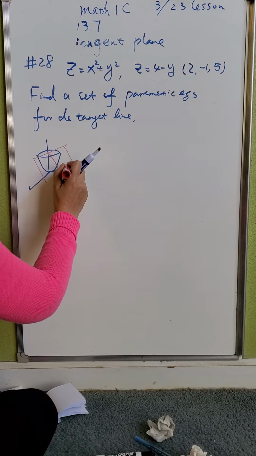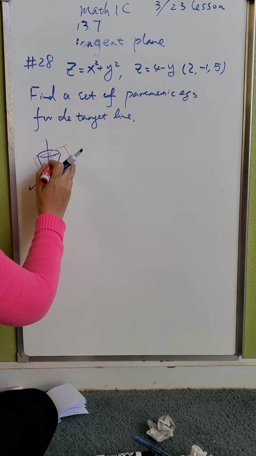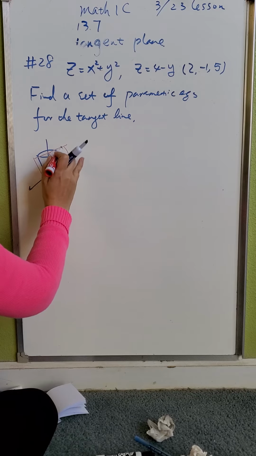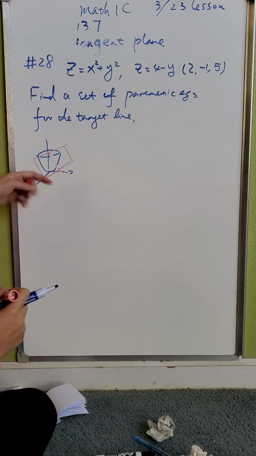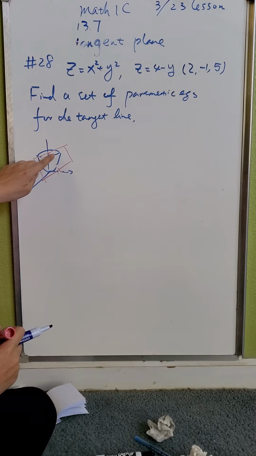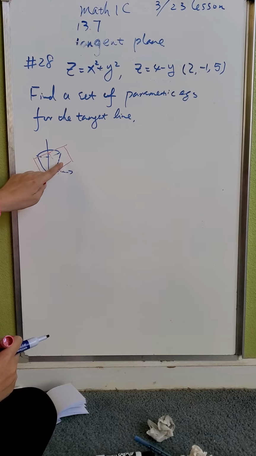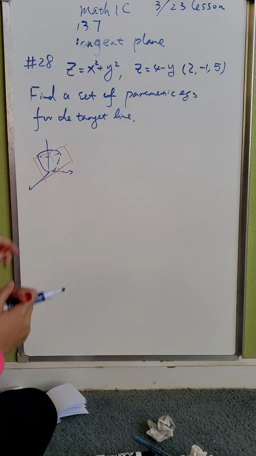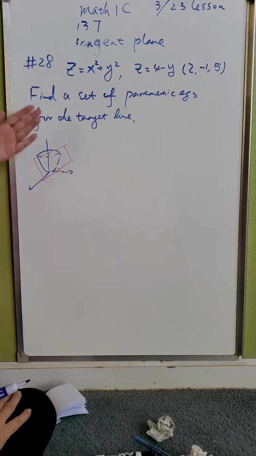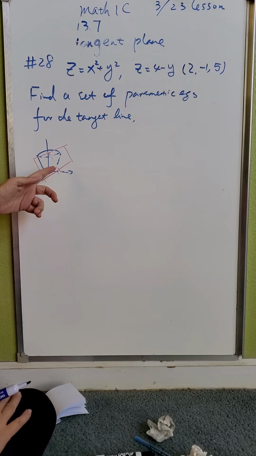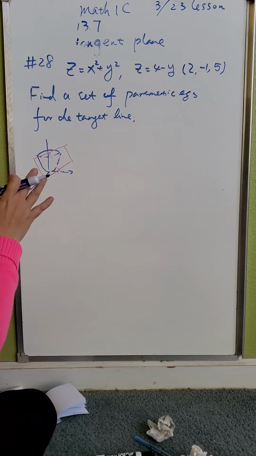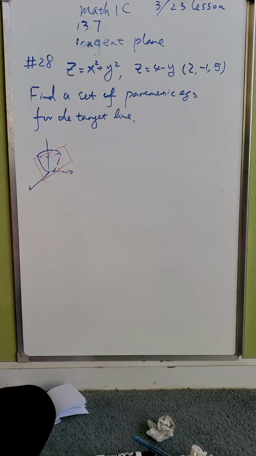And you can see that they intersect. When the plane cuts the bowl, obviously there's some intersection. This is a broken line. And from the intersection, there's a tangent point.